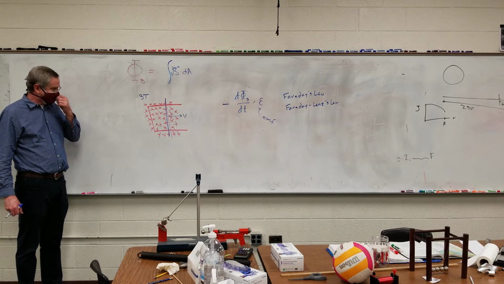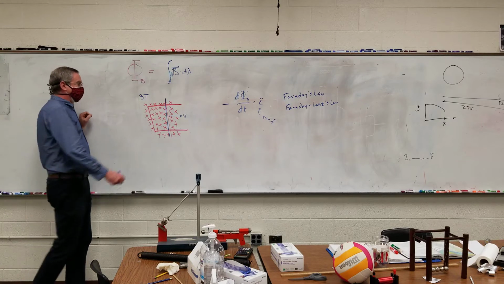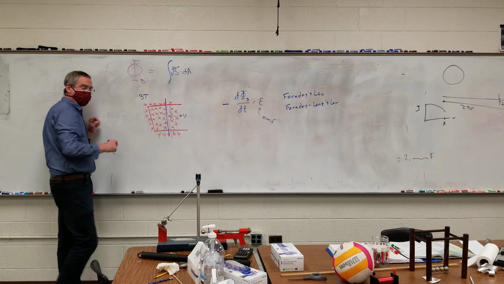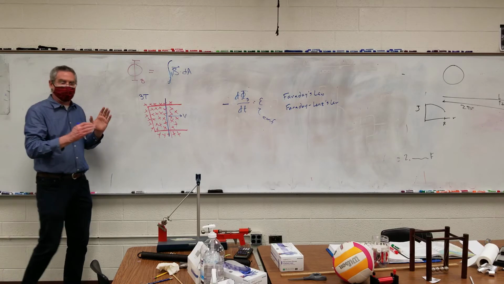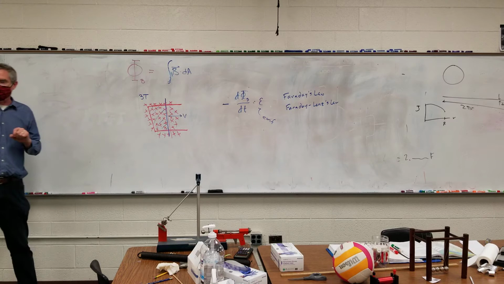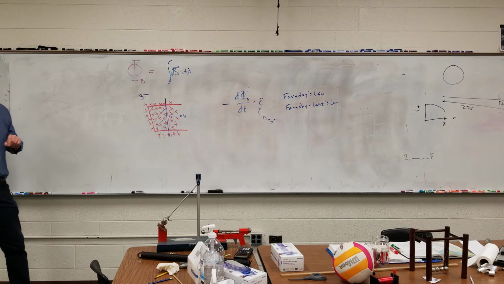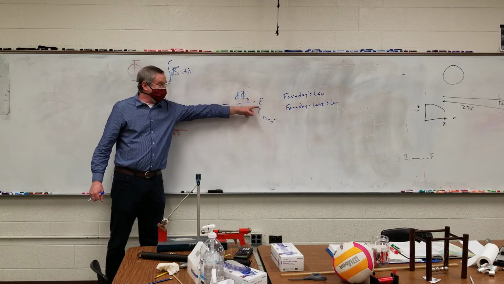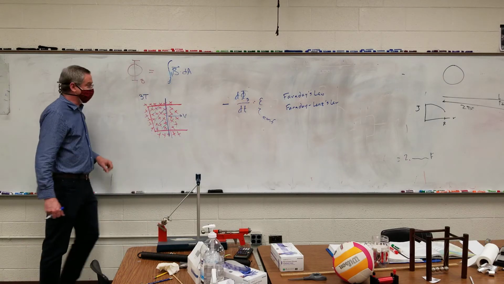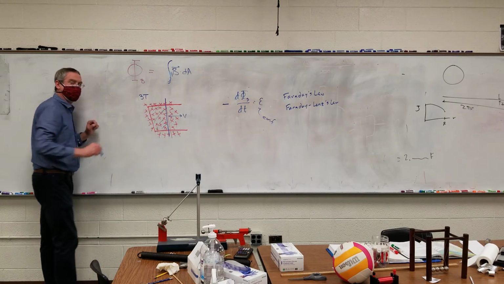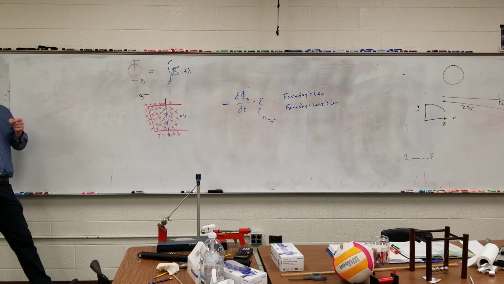As this wire moves out, my magnetic field stays the same, but the area increases. And this is my area right here. So my magnetic flux is increasing. If my magnetic flux is increasing, I have a change, and therefore I induce a voltage or an EMF in this wire, and because I have a complete circuit, I will create a current.